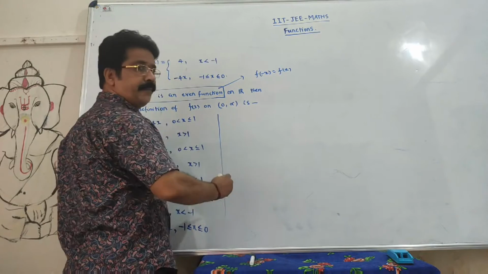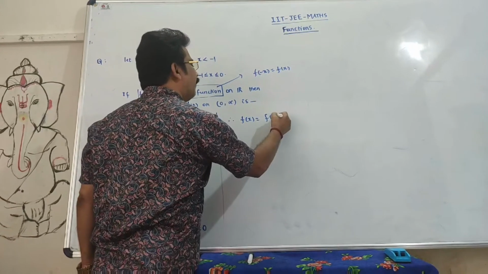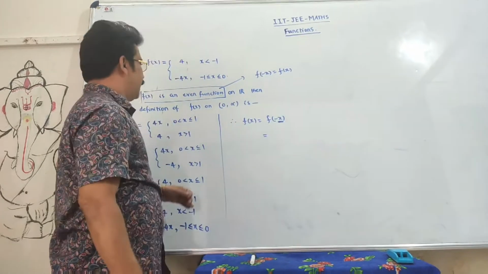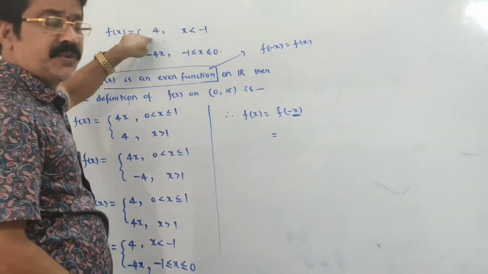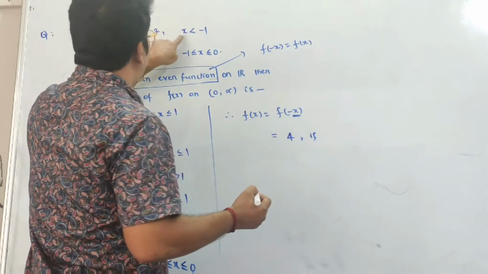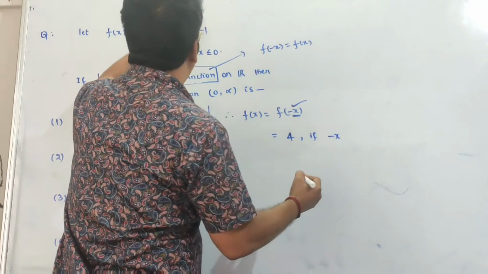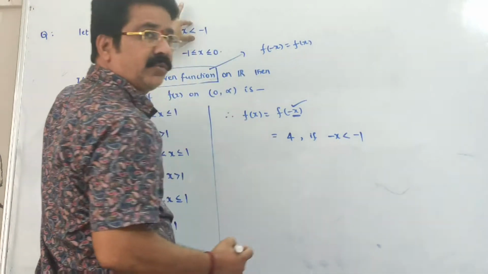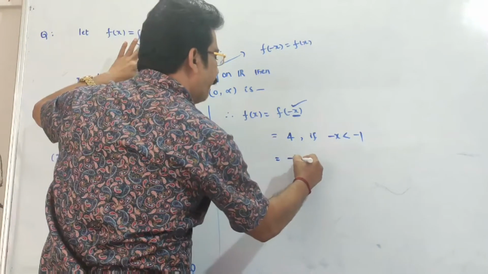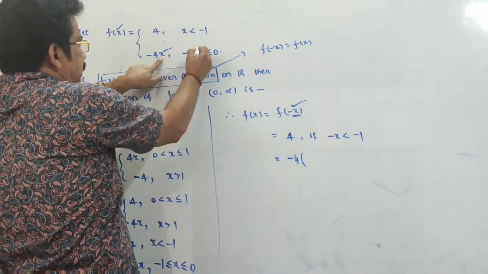So therefore f(x) = f(-x). Let this be capital X. f(x) is defined in the question as 4 if x, meaning this new x, is less than -1. Next, that is equal to -4x.